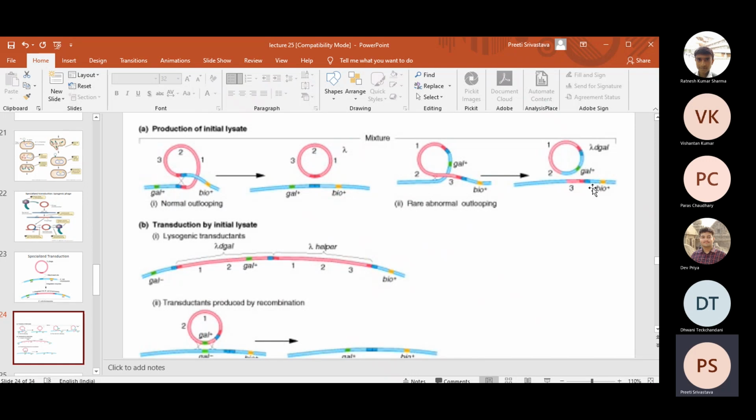Ma'am, why does this excision happen? Excision happens, for example, when you have some kind of stress. At that time, this point is like a weak point. So excision happens here.